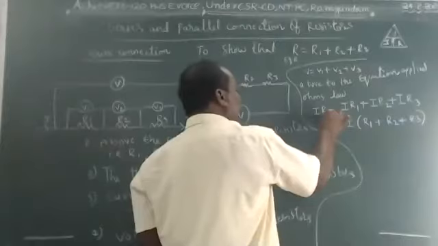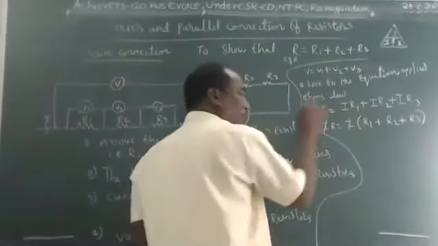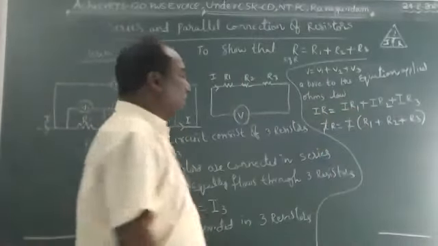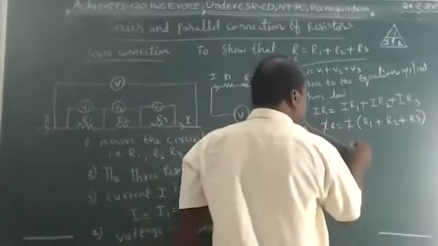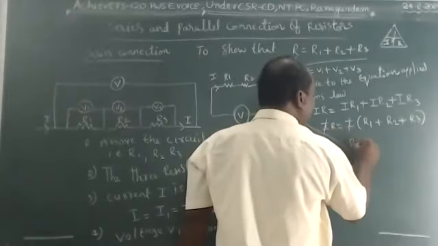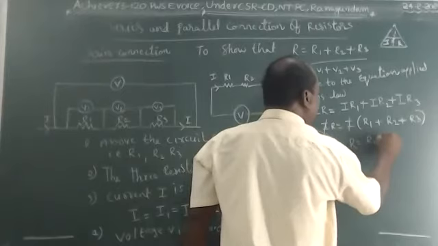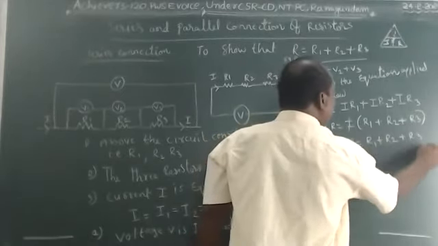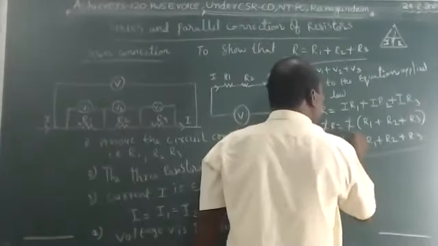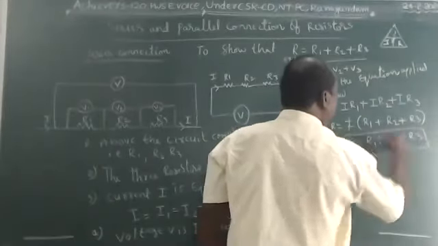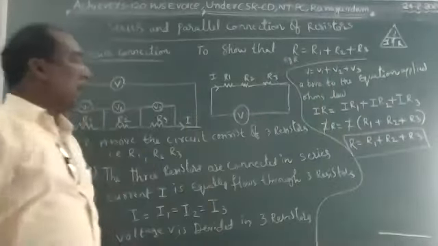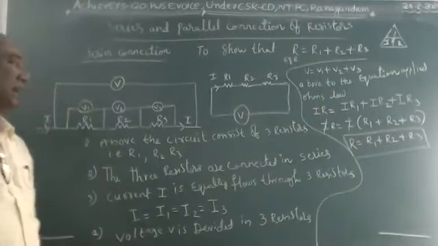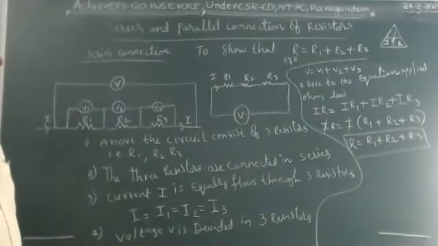Now here I gets cancelled. Then what remains? R equals R1 plus R2 plus R3. This is the series connection formula, children. R equals R1 plus R2 plus R3. So this is the formula.